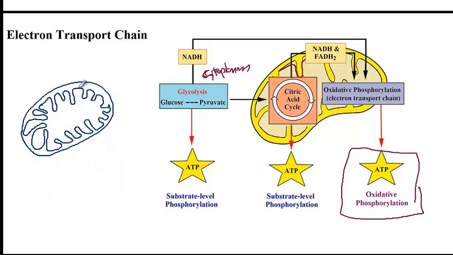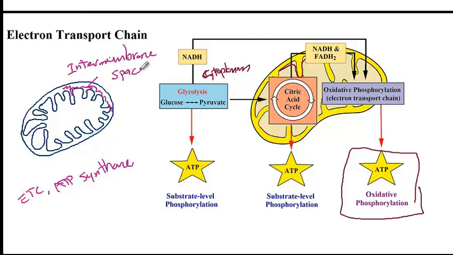Now this inner membrane is what contains the electron transport chain as well as the ATP synthase enzyme. The space between the inner membrane and the outer membrane, the space right here, is called the intermembrane space, and the space bounded by the inner membrane is called the mitochondrial matrix.